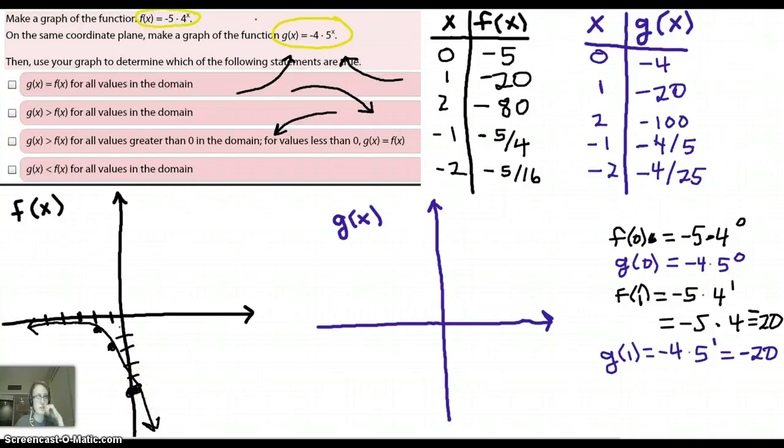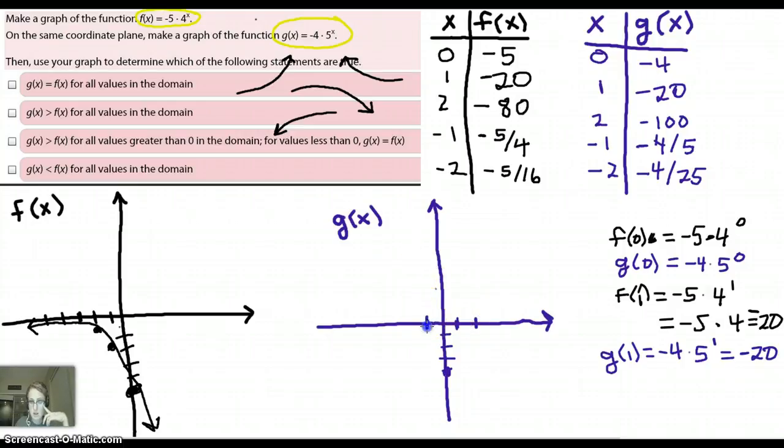Now let's look for g of x and see what we come up with. I think it will be something similar. So when x is 0, we go down 4. When x is 1, we go down 20, which is going to be too far down again to draw on our graph. So it looks like it's going to be the same direction. And when we go over 2, we go down even further, 100, which was too far down to fit on our graph. But let's look here.